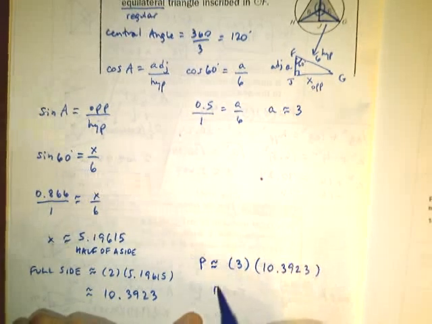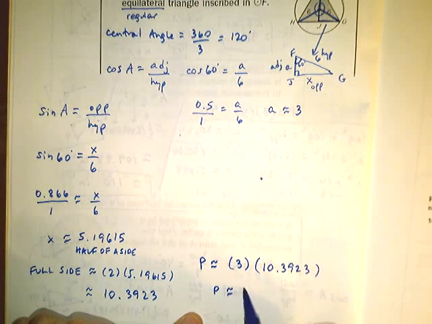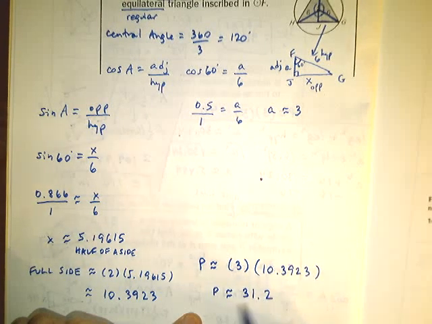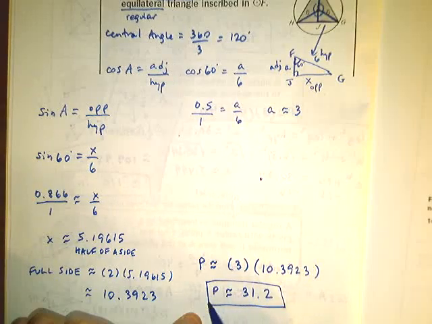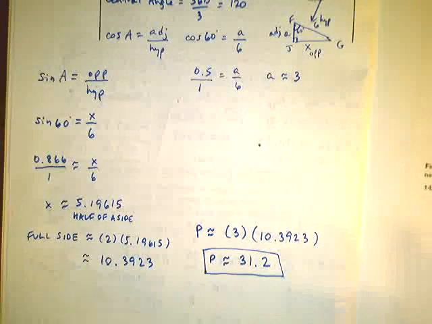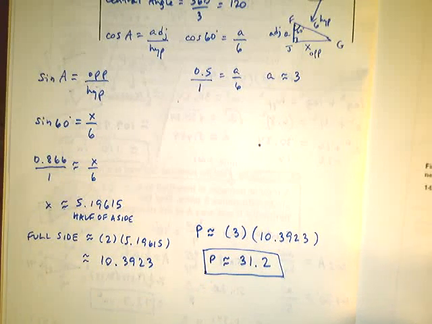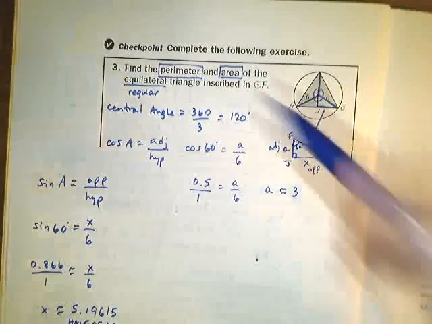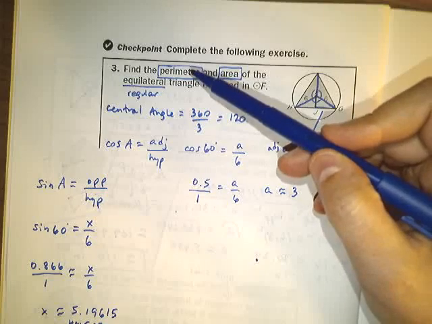Multiplying those together, I have a perimeter of about 31.2 units. This is my first answer, the perimeter.